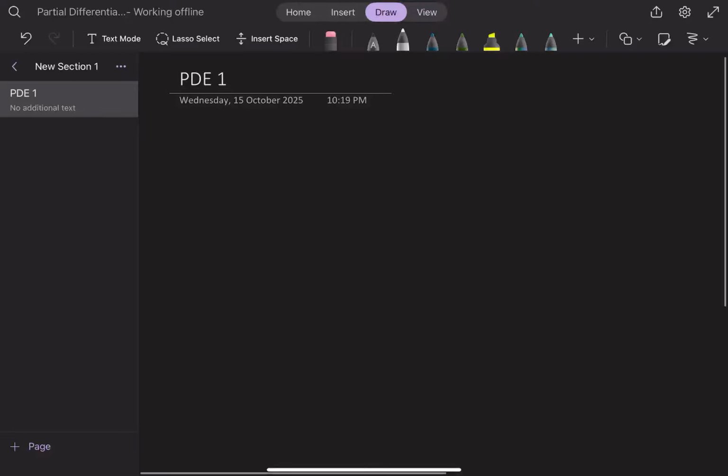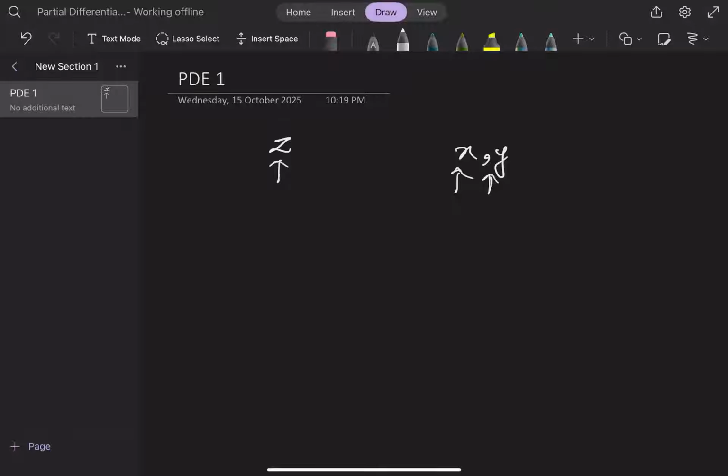So we will be focusing on a dependent variable called z and independent variables x and y. So any equation that contains this dependent variable and these two independent variables, as well as a partial derivative of the dependent variable with respect to the independent variables, that is called your PDE.